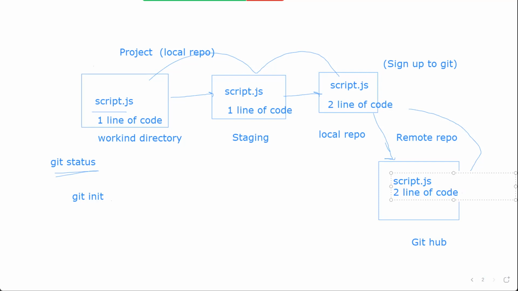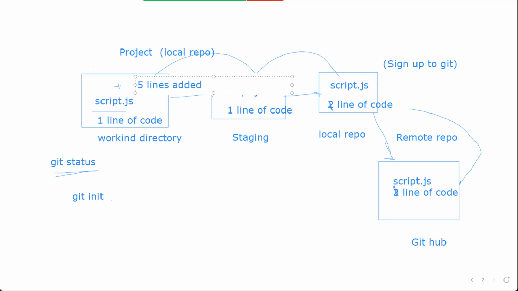Now what you need to do in this scenario? Everything is working fine till this point. Why am I writing two here? It is one only, right? One line of code and one line of code. It's a mistake. Everyone has one line of code. Now suddenly you add five lines here, five more lines added.